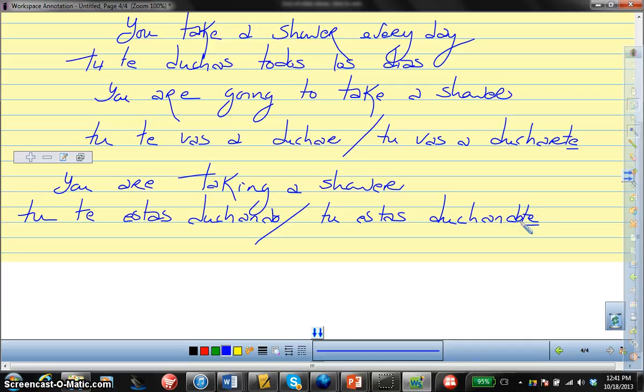Either or. Okay, guys? Yes? Making sense? More or less. Yo sé. It makes sense. Well, it's just using a reflexive pronoun. You know.